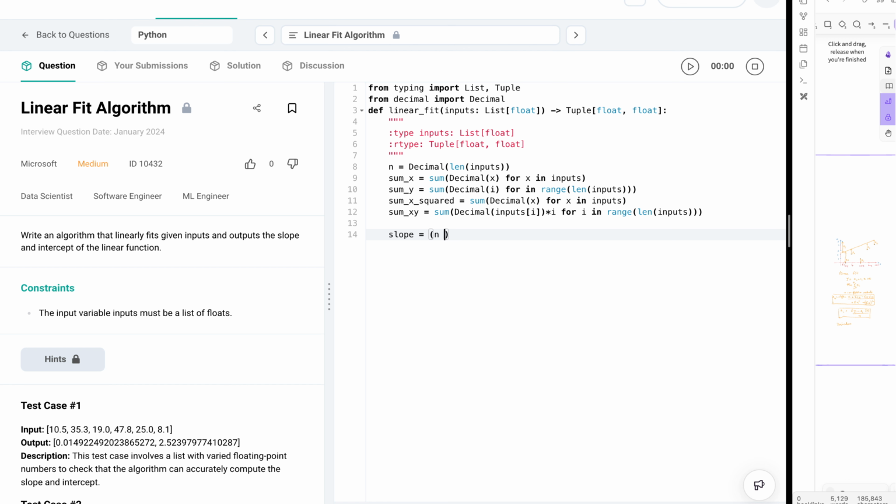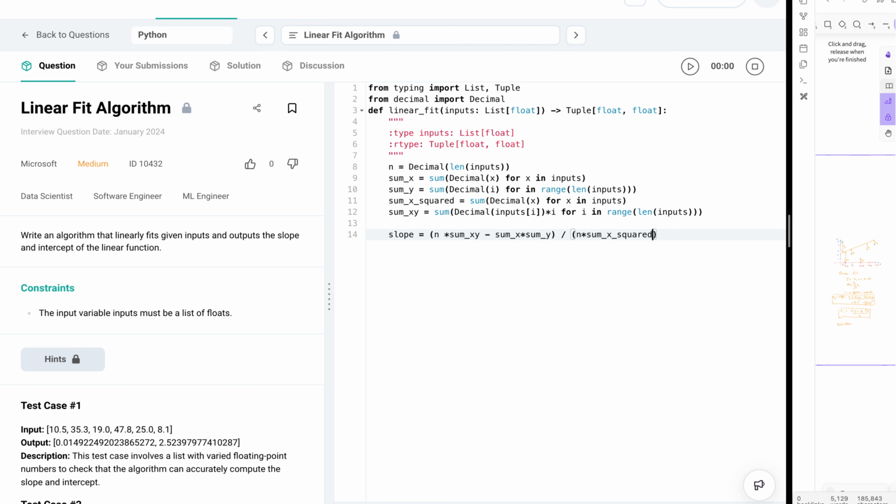So this is n times summation of xy, subtracted by sum of x times sum of y, divided by n times squared sum of x.